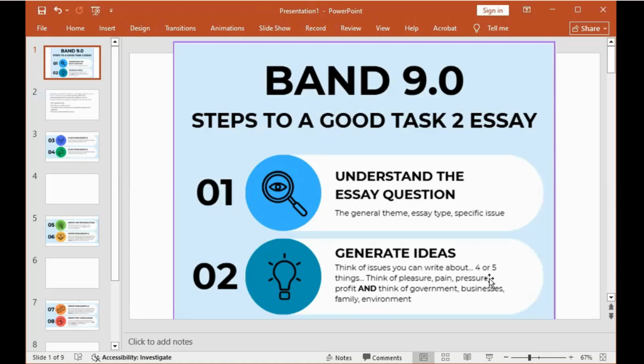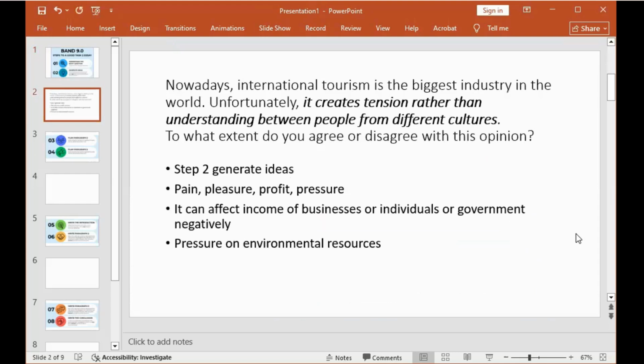Under pressure, we have things like peer pressure, family pressure, economic pressure, and environmental pressure, pressure on the environment.